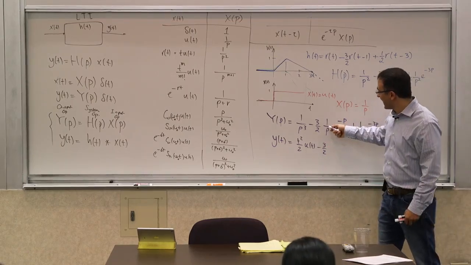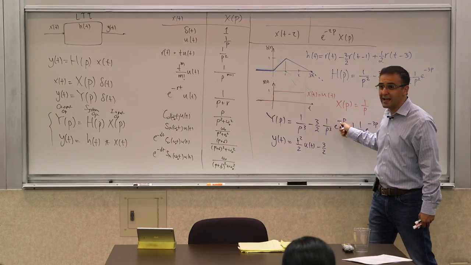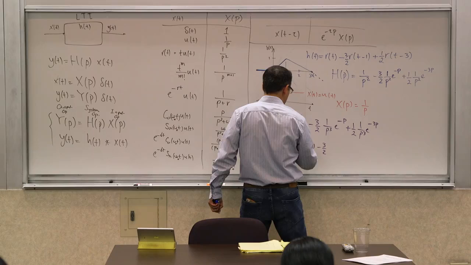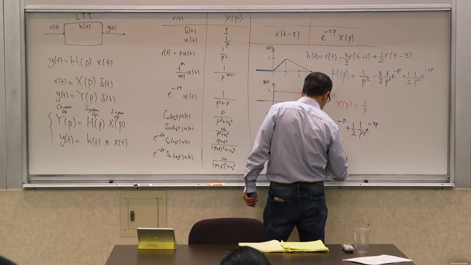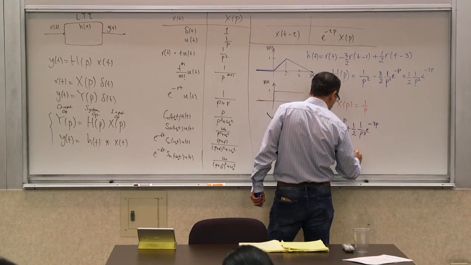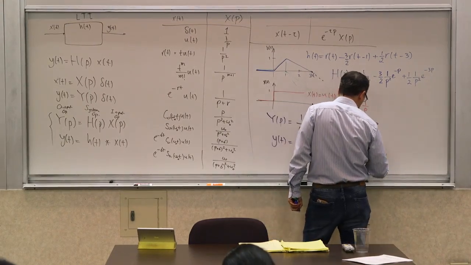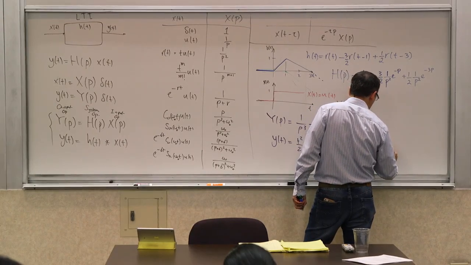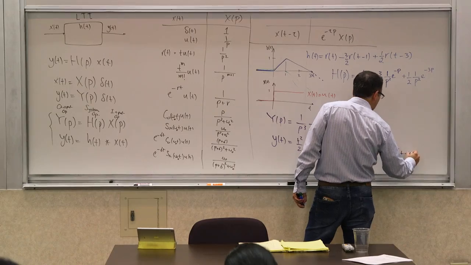So essentially, it's the same function, 1 over p cubed, delayed by 1 second. So it would be exactly the same function where you replace the t with t minus 1. So it becomes (t minus 1) squared over 2 u of t minus 1. And the last term is going to be the same argument except that it's delayed by 3. So it becomes (t minus 3) squared over 2 u of t minus 3.